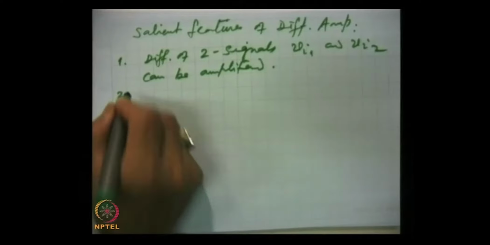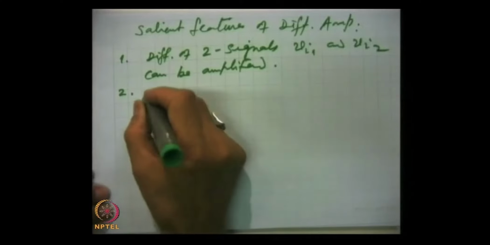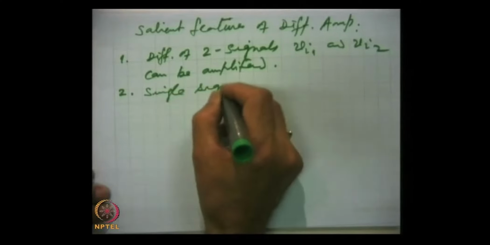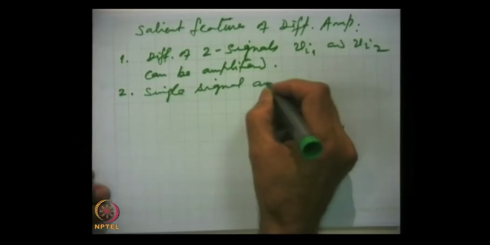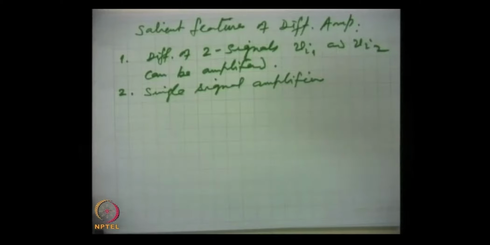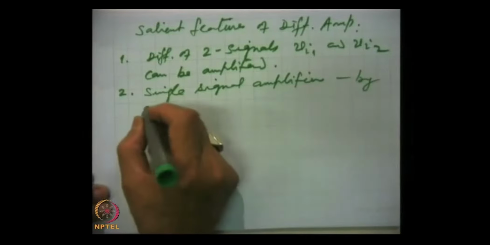Second, by grounding one of the two inputs, if one input is grounded to 0, then we can use it as any other amplifier. So, this can be used as a single signal amplifier, by grounding.